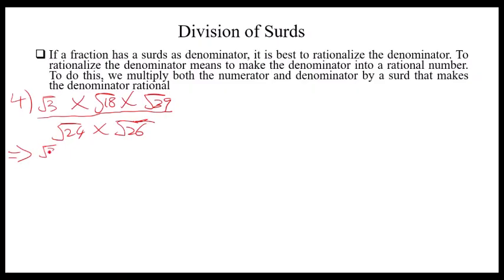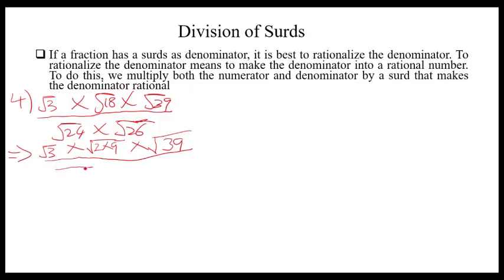Square root of 3 times, 2 times 9 is 18, right? Square root of 2 times 9, and simplifying this. The square root of 39 stays as it is, because I don't know anything that can go into 39.